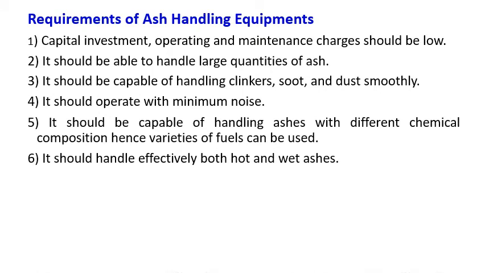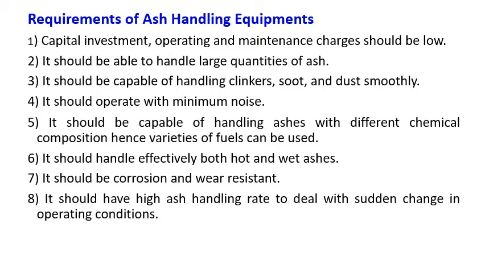It should be capable of handling ash of different chemical composition, because its pH value surely increases and it becomes corrosive, so damage to the pipeline should be taken care of. It should handle both hot and wet ashes effectively, and it should be corrosion and wear resistant so that it will have a longer life.